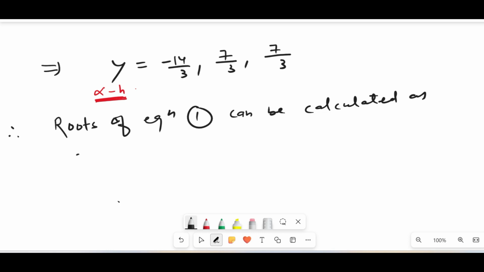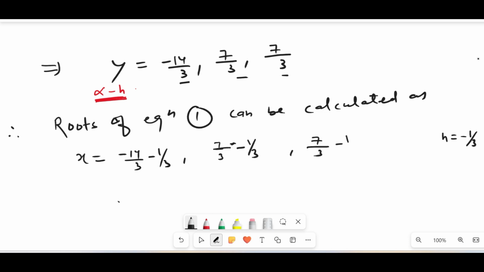So we can find the value of x. First of all, write all the roots here: negative 14 over 3, 7 over 3, and 7 over 3. And the value of h was actually negative 1 by 3. So add that value to each, negative 1 by 3, negative 1 by 3, negative 1 by 3. So it will give negative 5, it will give 2, it will give 2.